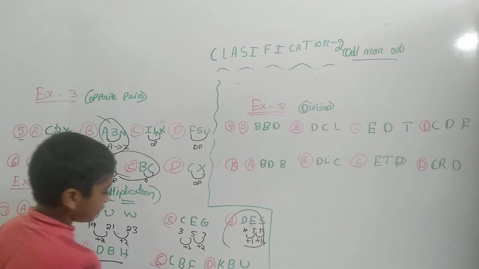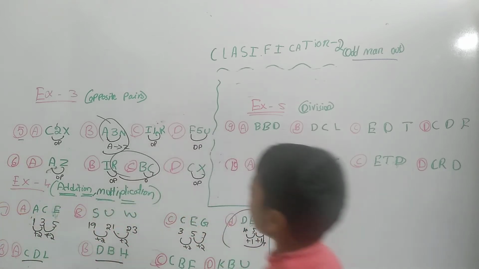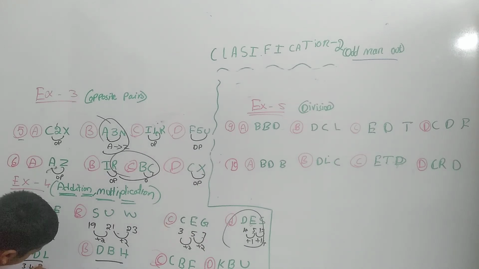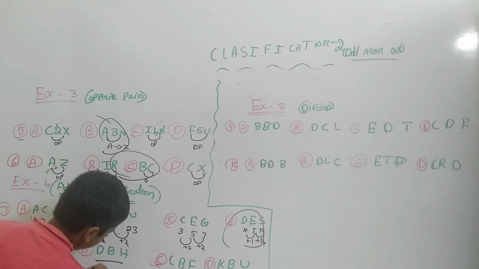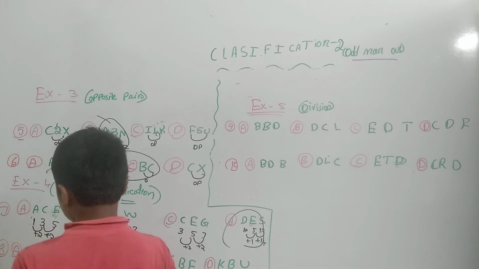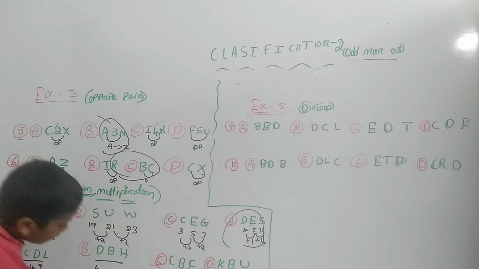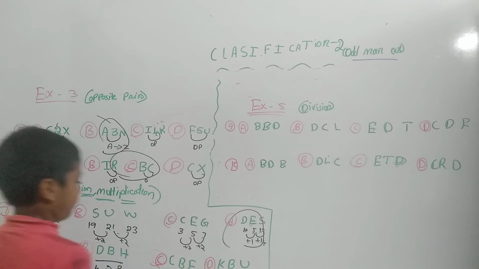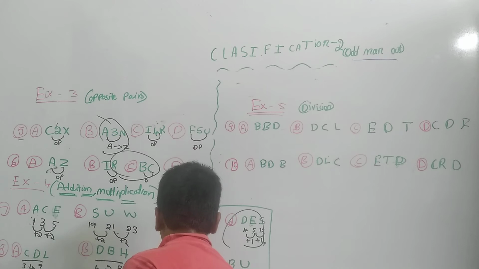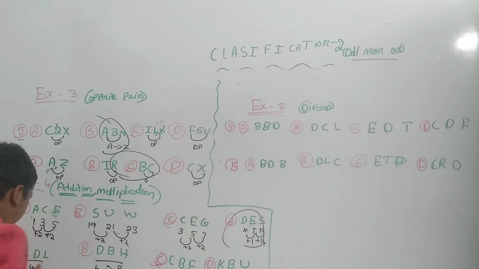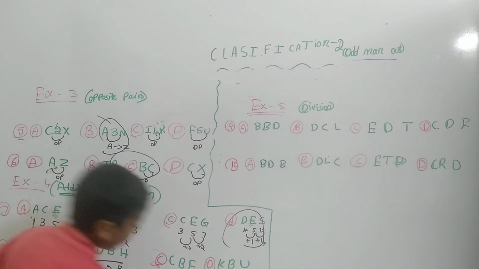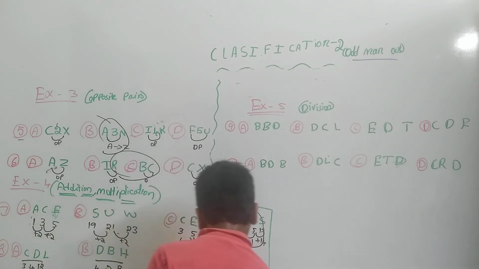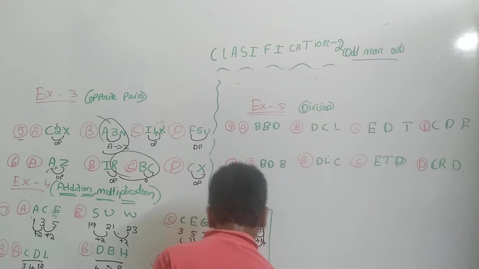Next one: CDL, DBH, CBF, KBU. So friends, here L means 12, and the others are 3, 2, 6, 11, 2, 21.